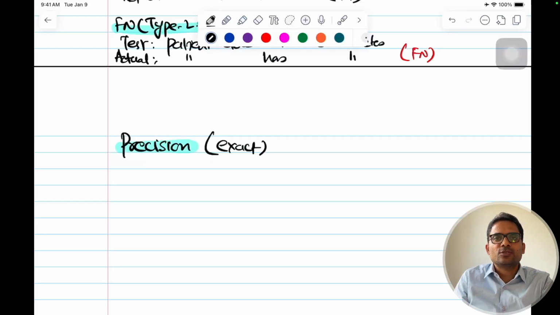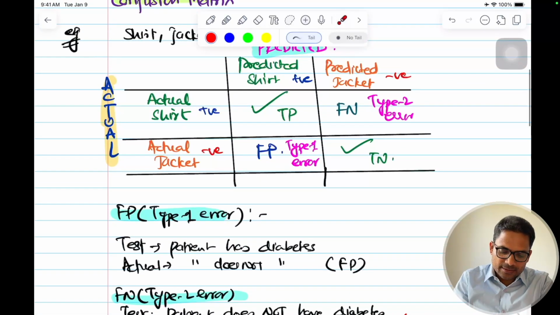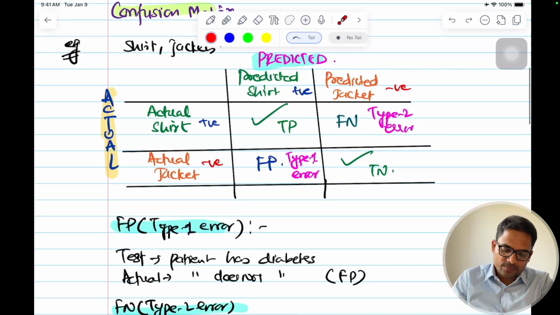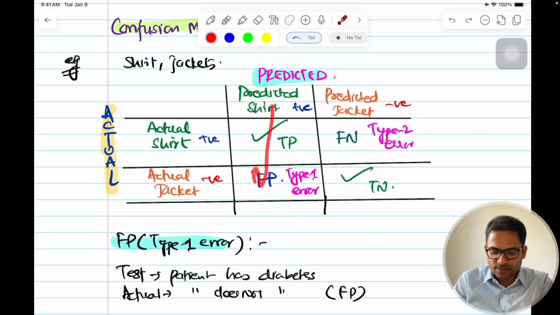Here, precision is, of all the instances the model predicted as positive, how many were actually positive. If we take the shirt case and consider an actual shirt as positive, then of all the images the model predicted as a shirt, how many were actually shirts? This ratio is the precision.